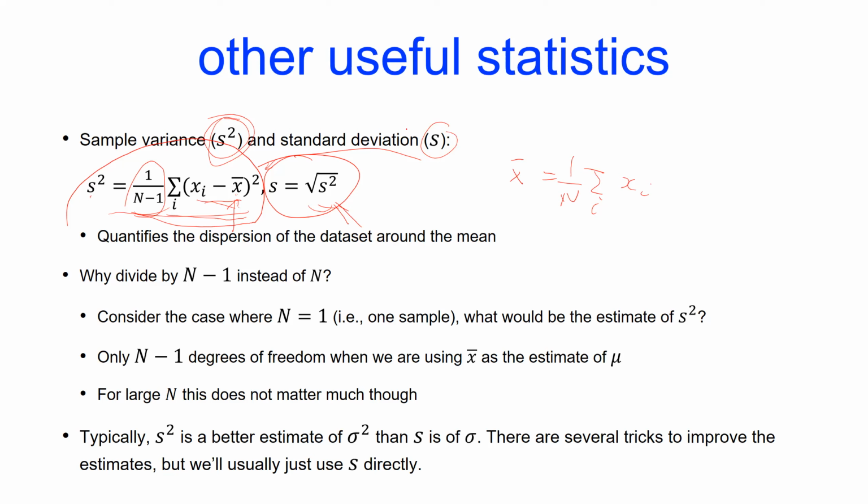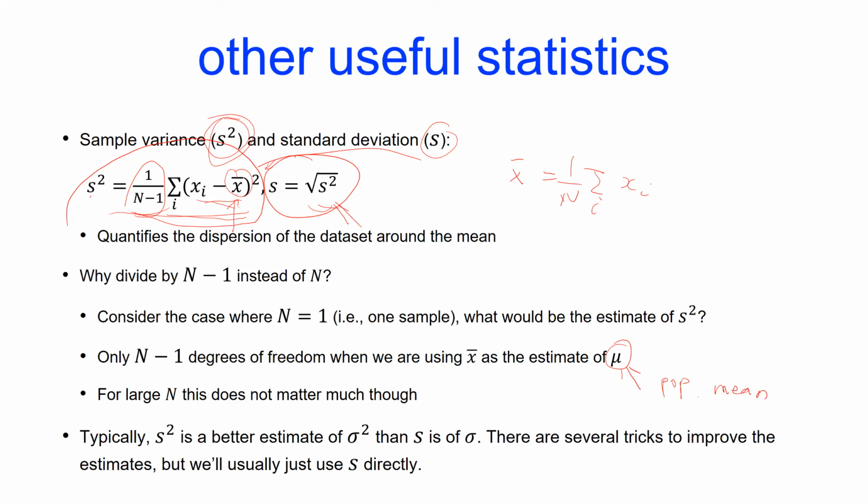We usually use X bar to denote the sample mean, and we usually use mu to denote the population mean.